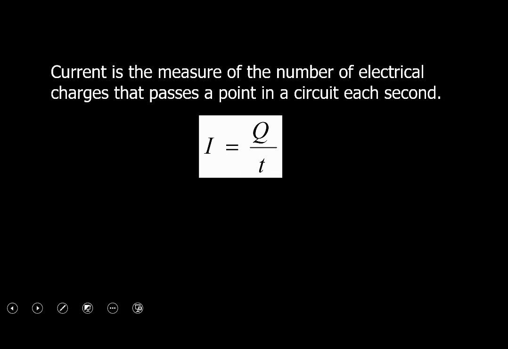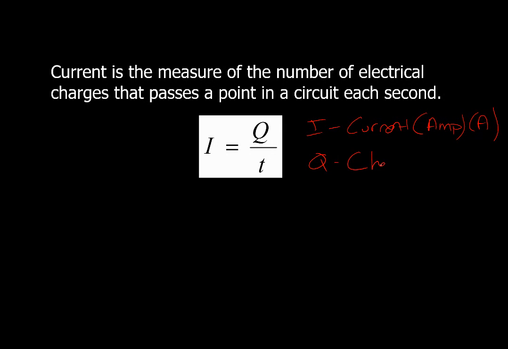Mathematically, current is the amount of charge passing a particular point in a circuit per time. It's the rate that charge travels through. So I stands for current. It's measured in amps, or just capital A. Q is charge, and it's measured in coulombs, capital C. It looks like a lowercase c, but it's a capital C. And T, of course, is time, and it's measured in seconds.